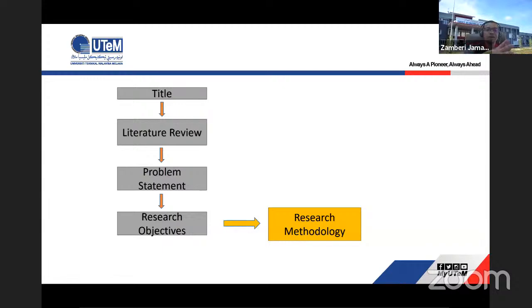How can I evaluate the current needs through some tools? That's how we get to know the appropriate research methodology for that particular research objective.